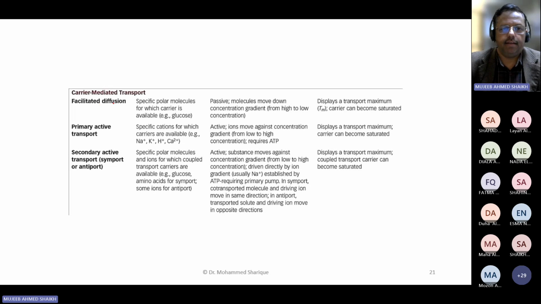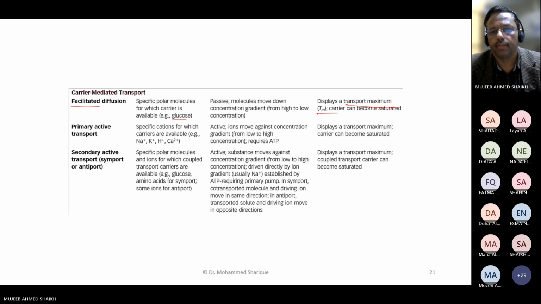Carrier mediated facilitated diffusion is for different types, like glucose or amino acids. For carrier mediated transport, there is always a maximum limit. Suppose this is a cell and these are the carrier proteins, let's say for glucose.